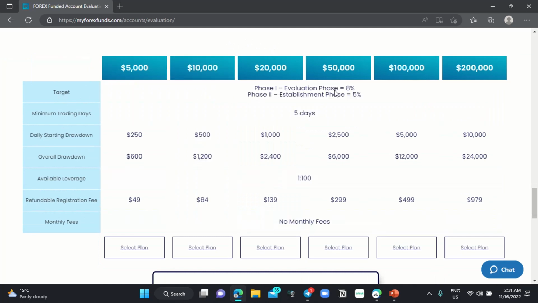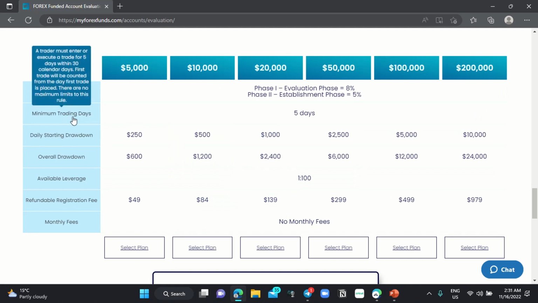Here we have the 10k USD, the target first. The Phase 1 evaluation phase is 8%. So from the 10k USD you need only 8% to pass the account, which is $800. For the Phase 2 establishment phase, we have 5%. You have to make 5% of the initial balance so you can get a live trading account, which is $500.